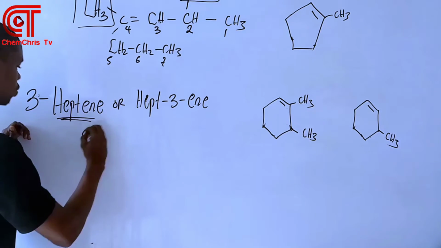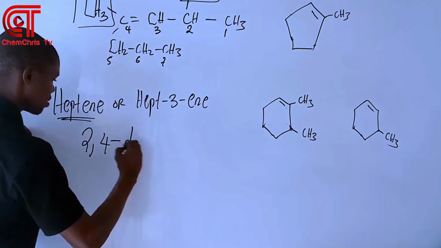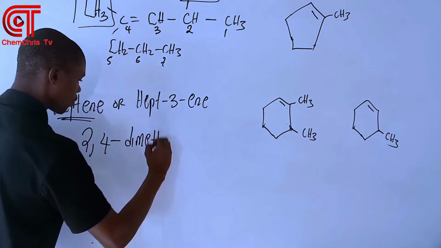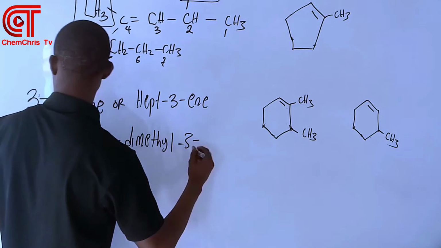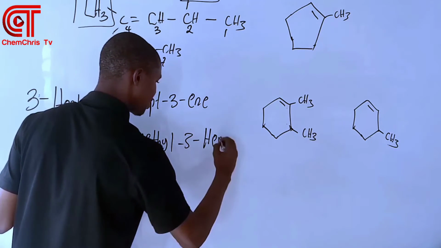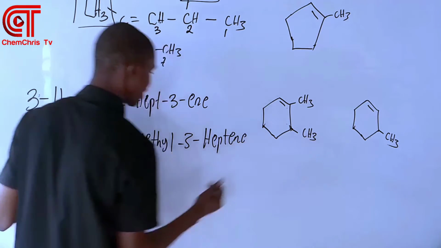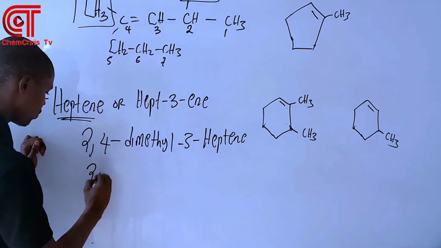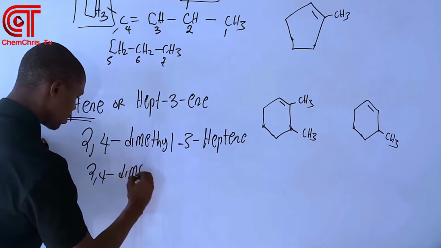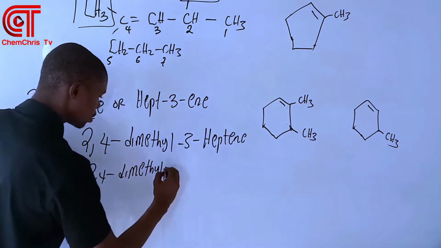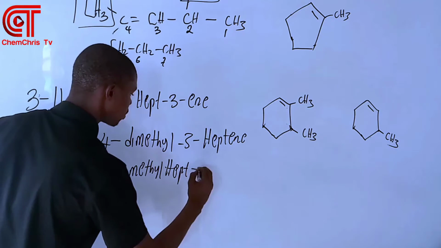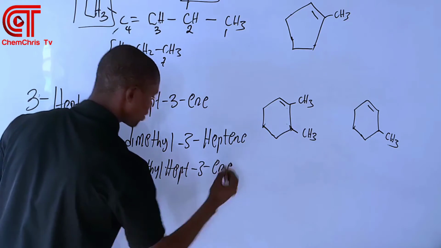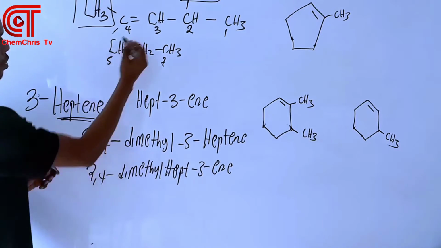So now we have 2,4-dimethyl. So you can take any one here. So here we have 3-heptene, or you can say 2,4-dimethyl, here we have hept-3-ene, whichever way you want to name it. You get that? So that is the name of this one here.